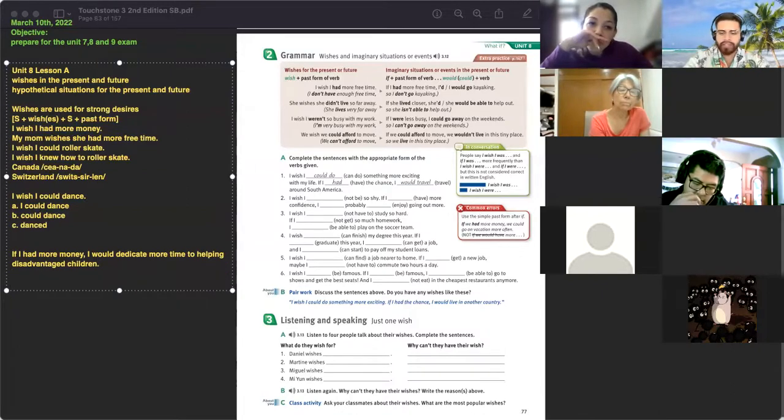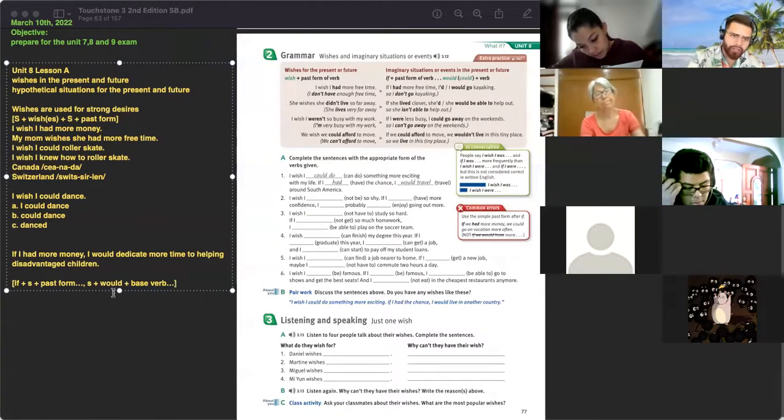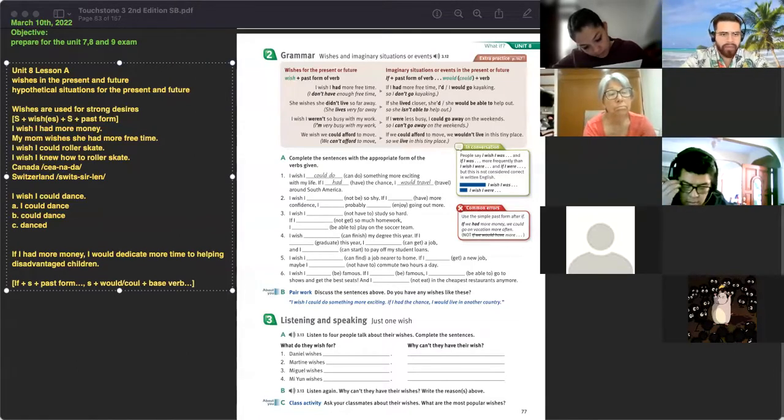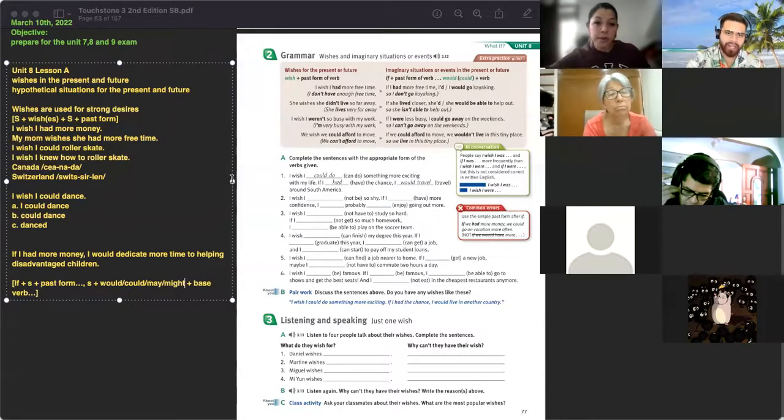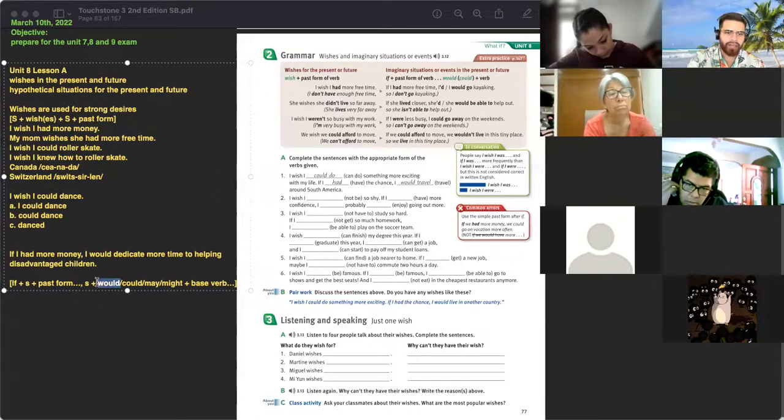So the structure for this is if plus the subject plus the verb in the past. And then again, a subject, and then would, and then a base verb. Now you could also change would to could, maybe even may or might, but 99% of the time it's going to be with would, because we use would to imagine our behavior in a situation.